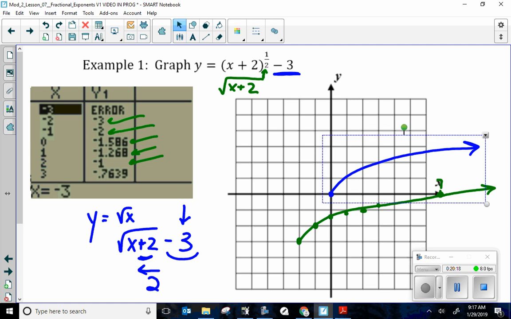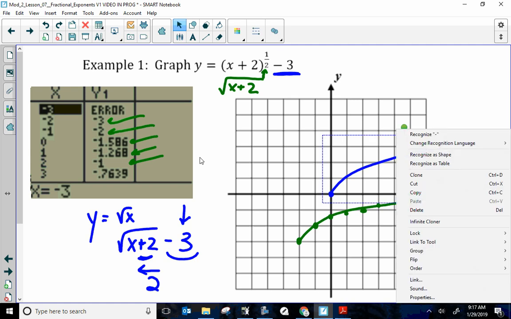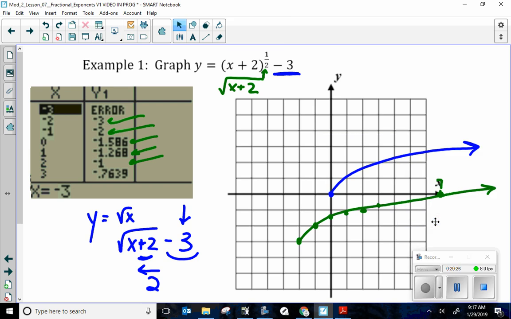If I take this and turn it into a cloner, there it is. Bam. If I take this, I move down 3, and move over 2. Look at that. Again, our movements: down 3, over 2.